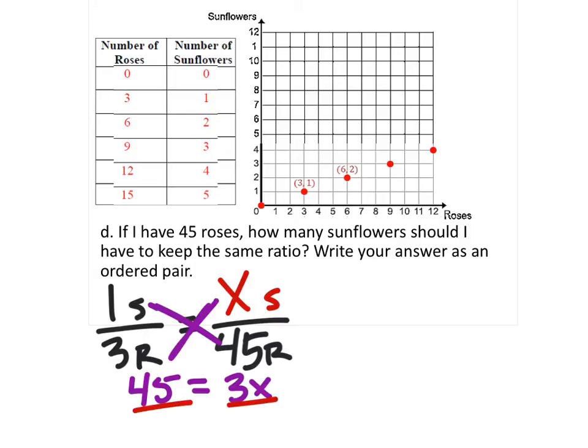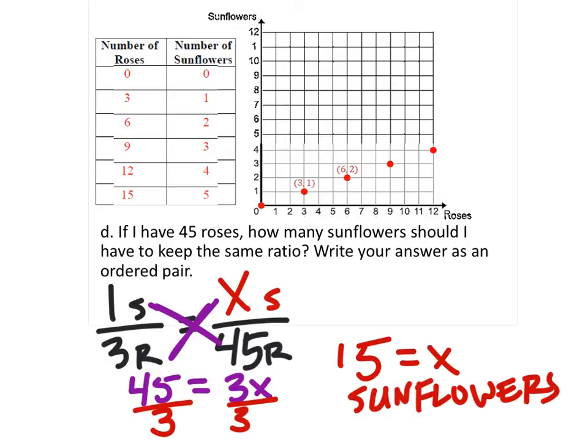Solving this would divide both of these by 3. And we get x is 15. So you would need 15, specifically you would need 15 sunflowers. And that would maintain the ratio of 3 roses for every 1 sunflower.